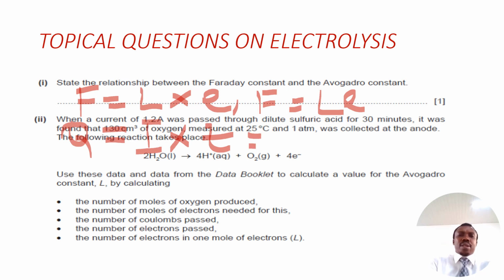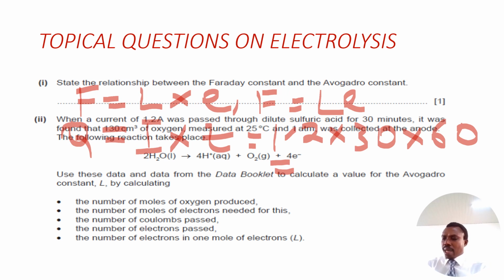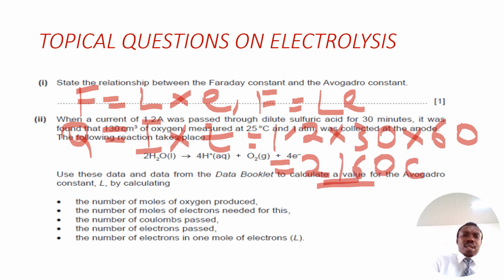So the current is 1.2 ampere times the time, which is 30 converted to seconds, multiplied by 60. If I'm to use my calculator, I have 1.2 times 30 times 60, which will be equal to 2,160 Coulomb. That is the number of Coulombs passed.